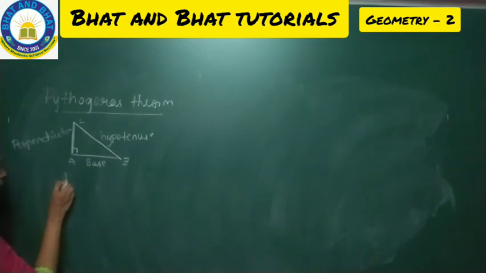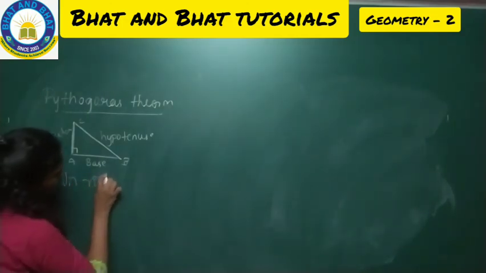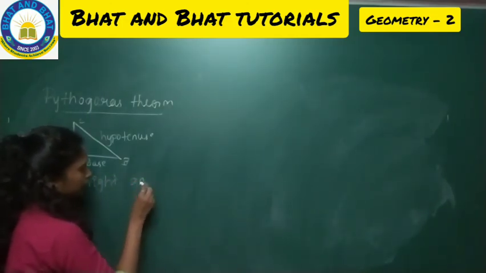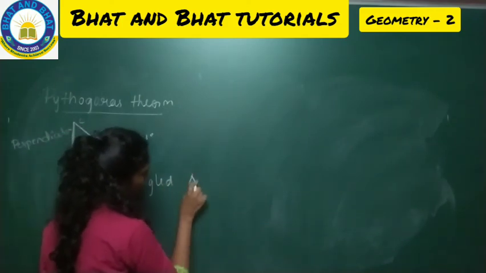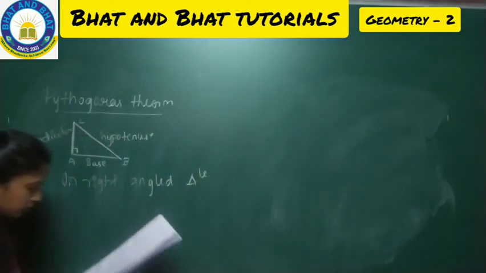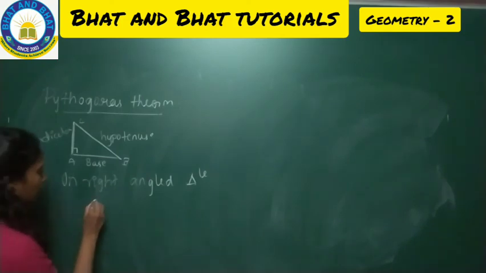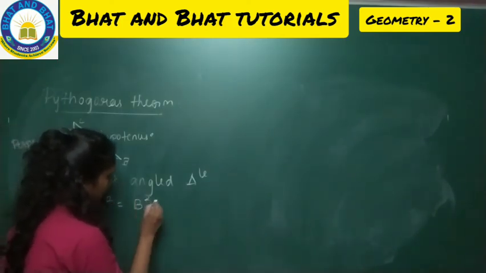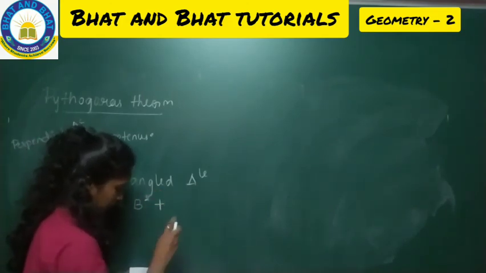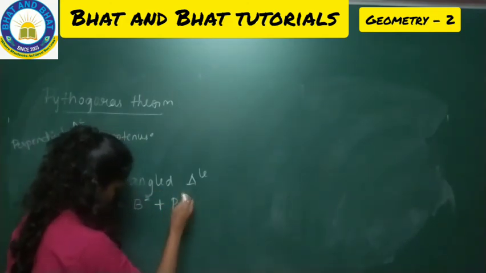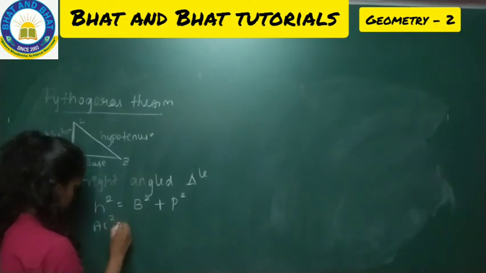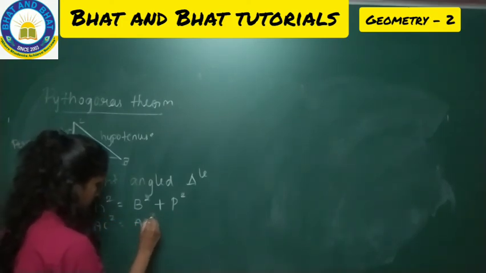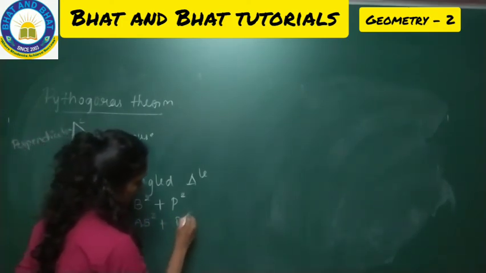Now in a right angle triangle, h square, that is hypotenuse square, is equal to b square plus p square, that is base square plus perpendicular square. That is AC square is equal to AB square plus BC square.